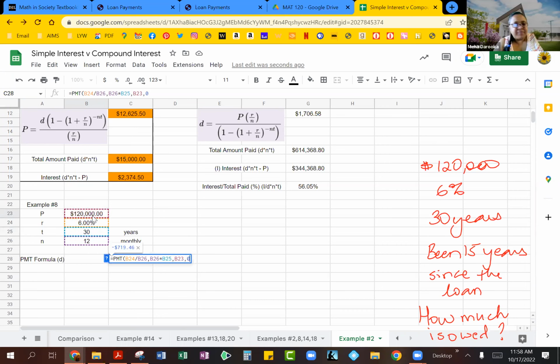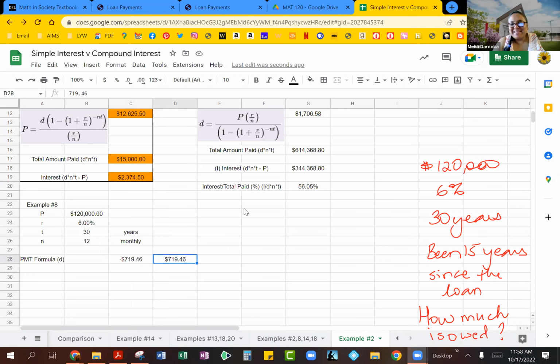And then your future value is going to be 0, because we want to pay off the loan, just like you did before. So this is what your monthly payments for the 30-year period should come out to be, and we know that's always going to stay the same till the end of the loan period.